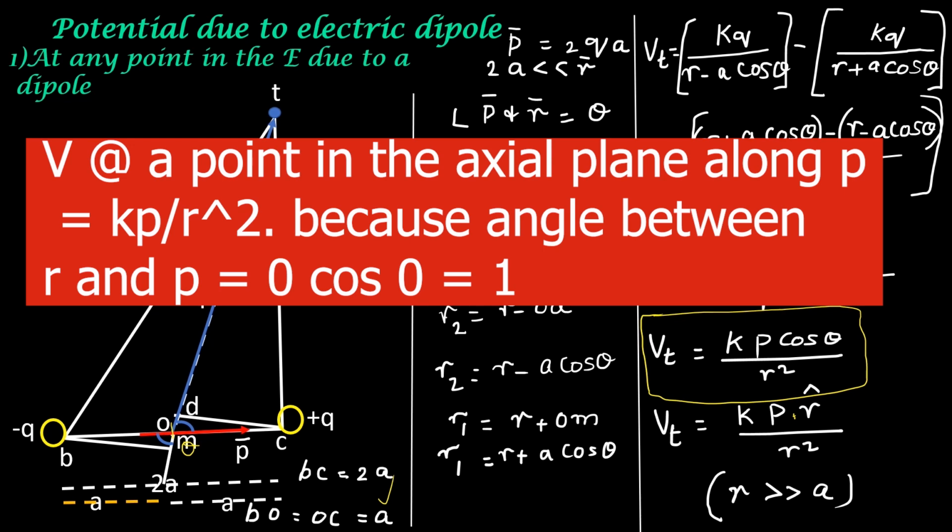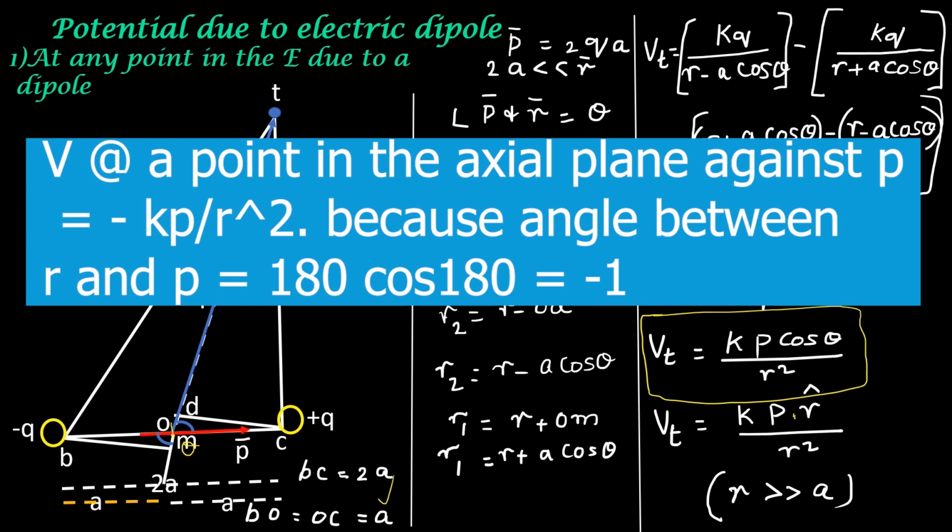So you get a positive value. Similarly, electric potential at a point on the axis against the dipole moment will be equal to negative Kp by r square, because the angle between the position vector and dipole moment will be equal to 180 degrees, and cos 180 degrees is negative 1. So you get a negative value.